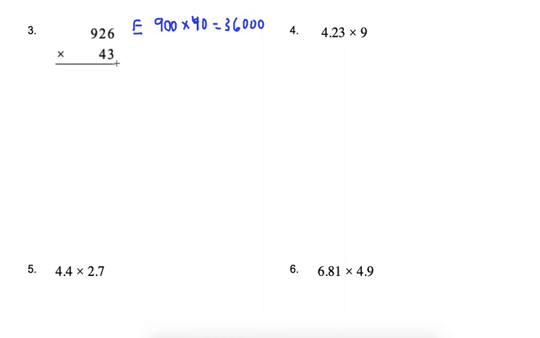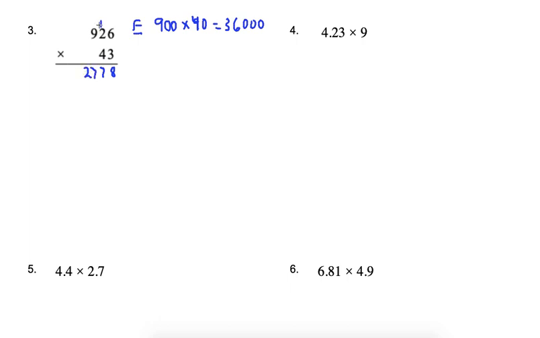Then we can go ahead and use our standard algorithm. So 3 times 6 is 18. So we put down the 8, carry the 1 up here. 3 times 2 is 6, plus 1 is 7. So 3 times 9 is 27.